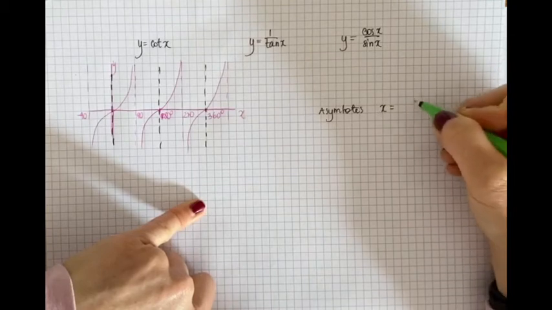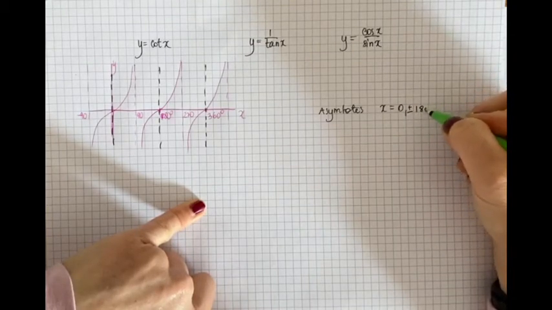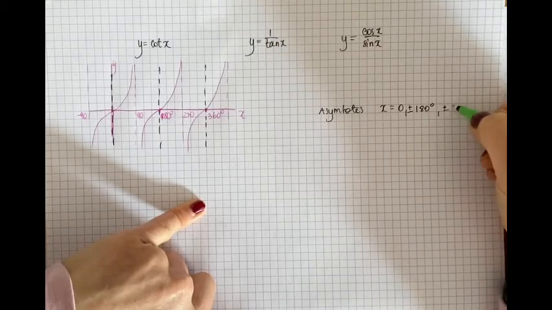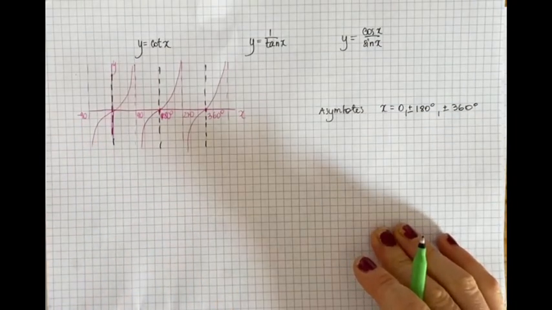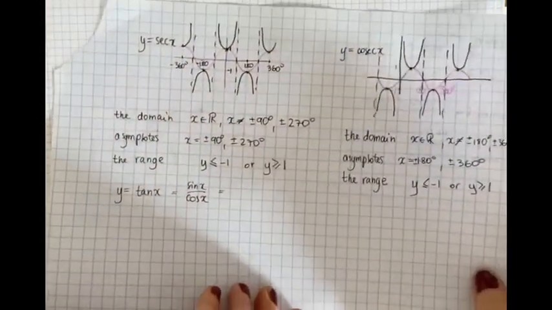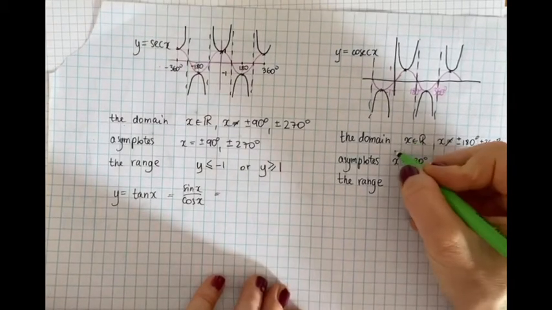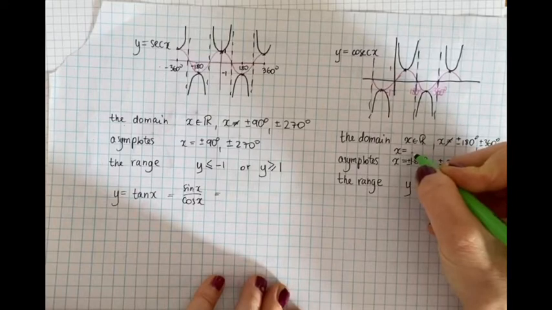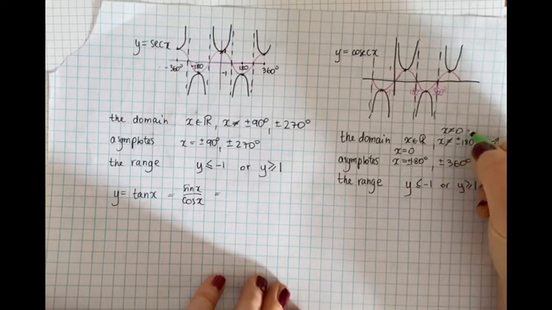X equals 0 plus or minus 180. It's a repetition of these, plus or minus 360. By the way, for cosec, we had 0 as well as an asymptote, which I did not include earlier. Here, x cannot be equal to 0. That's important. Forgot to spot that one.